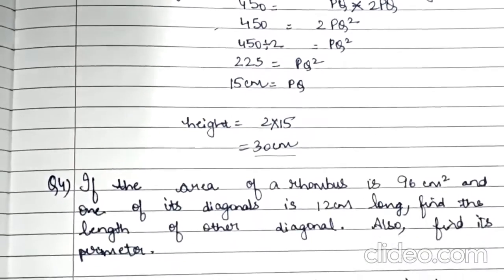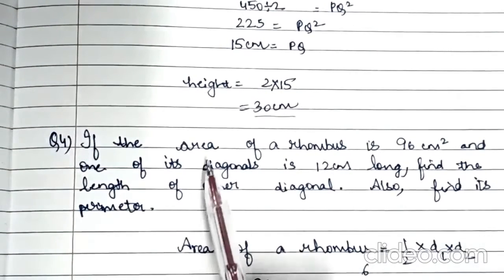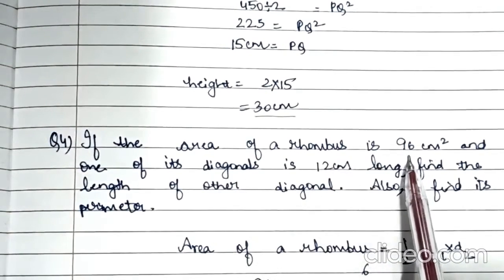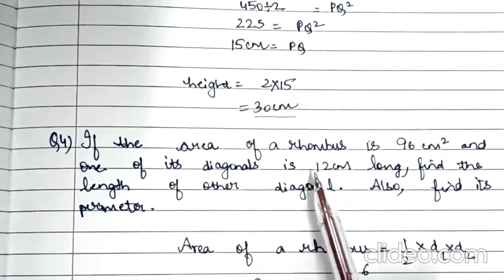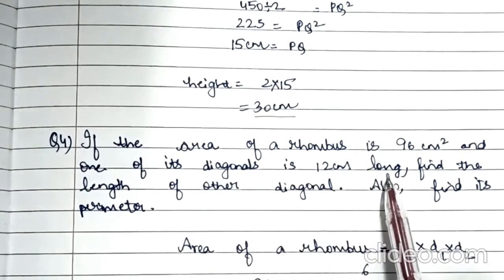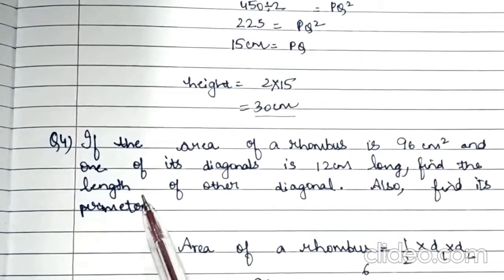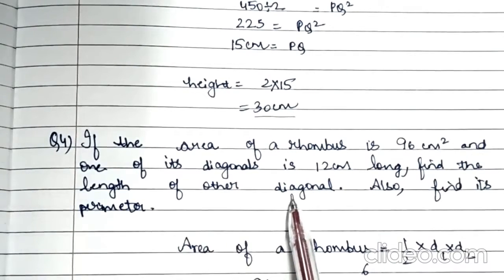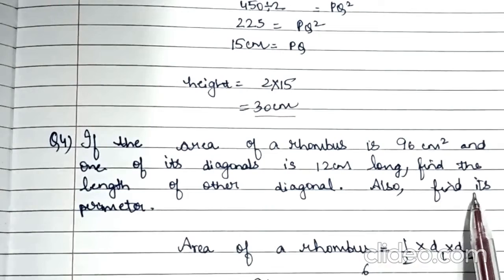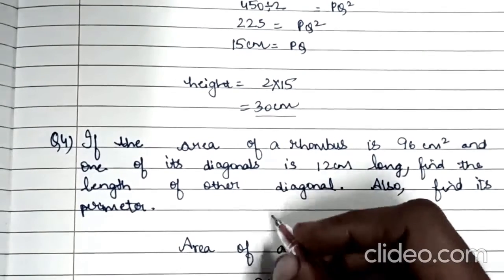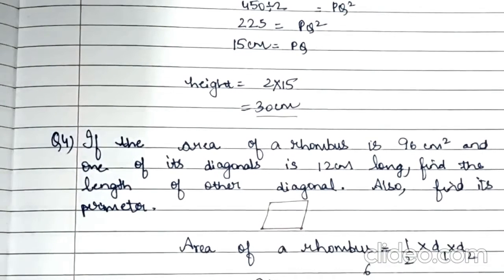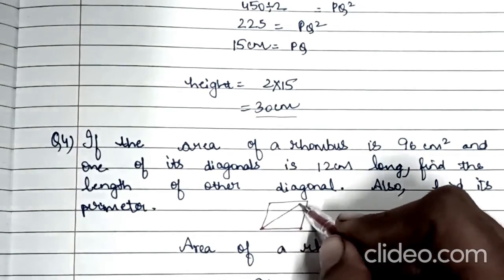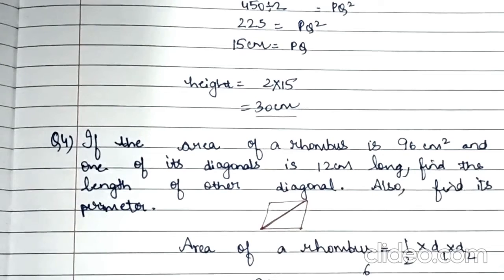Now the next question is, if the area of a rhombus is 96 centimeter square and one of its diagonal is 12 centimeter long, find the length of other diagonal. Also find its perimeter. Now we have been given a rhombus whose area we have given. One of the diagonal is given to you, that is 12 centimeter.